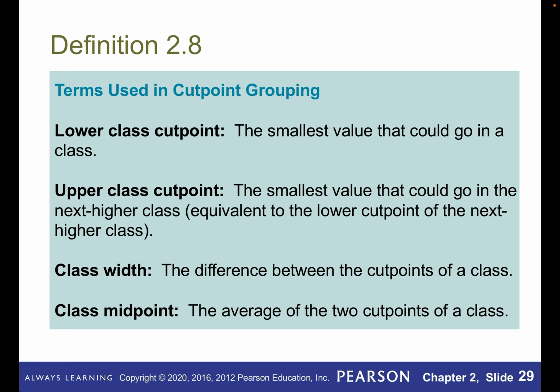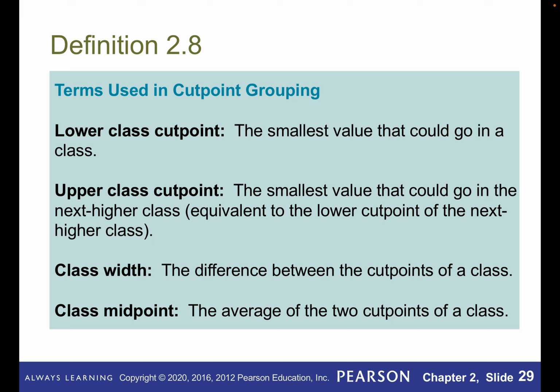When you deal with continuous data, often you need to do this third method, which is cut point grouping. With cut point grouping, remember with continuous data, that's data that can take on values in some interval. And so here we talk about cut points. There's the lower class cut point, which is the smallest value that can go in a class.